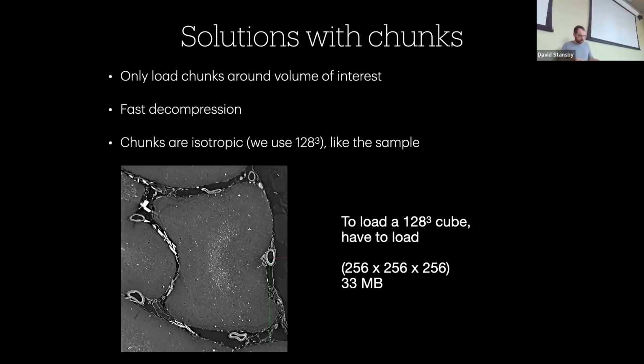And the other thing Zarr has been optimized for is fast decompression and compression. So you can configure how your data is compressed. You can choose from a menu of compression and decompression routines, and they're all designed to be potentially slow to compress the data in the first place.